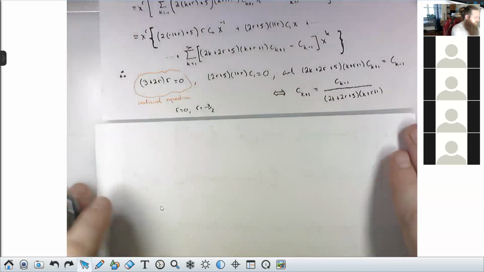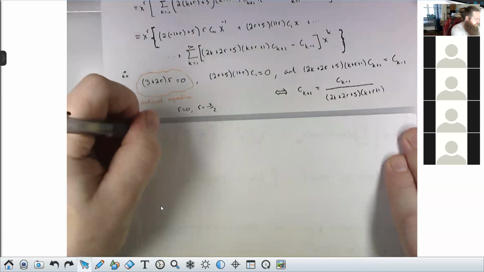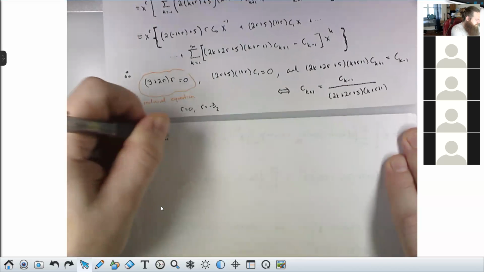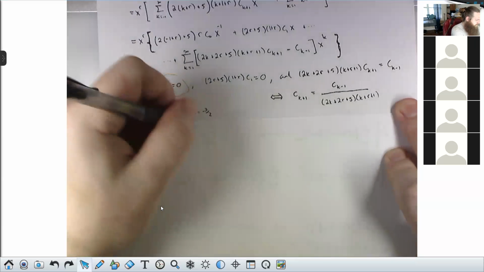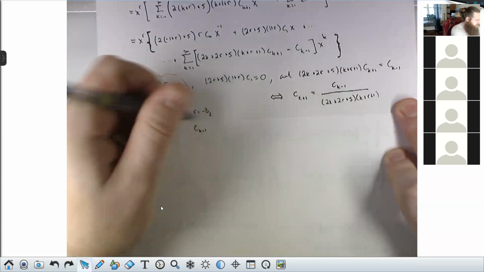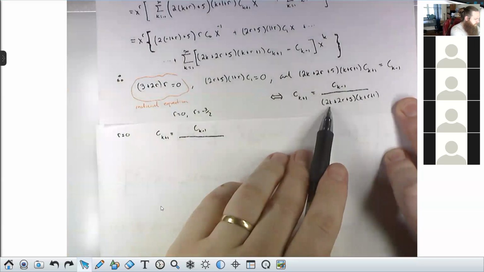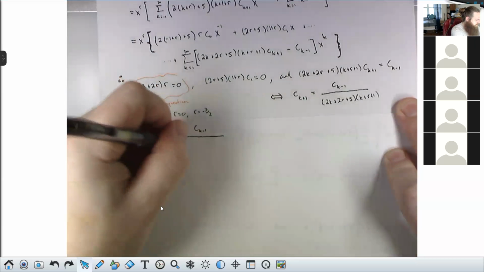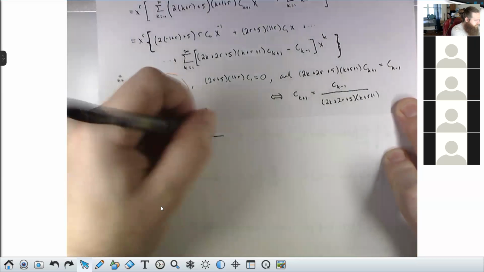If I take r equal to 0, then my recurrence relation becomes c_{k+1} equals c_{k-1} divided by (2k plus 5) times (k plus 1).